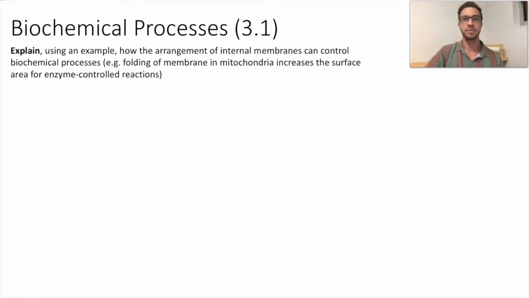So from 3.1 of your textbook, we have to explain how the arrangement of internal membranes has an effect. And I want to start by saying, why are eukaryotes different from prokaryotes? Well, there's a number of differences between them, as you know.